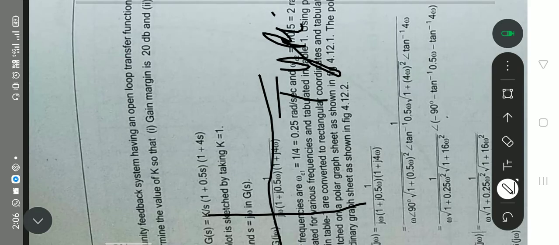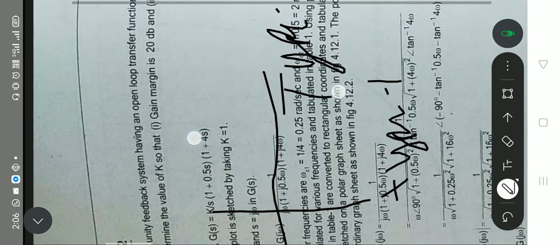Here, type 0, type 1, type 2 and type 3. Right. Here, order 1. This is order 1.